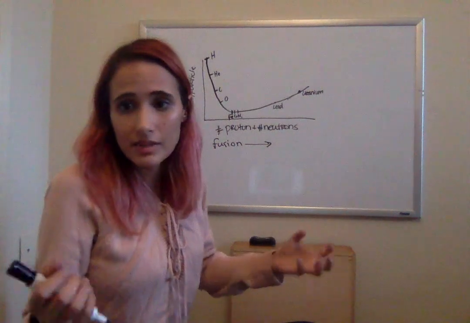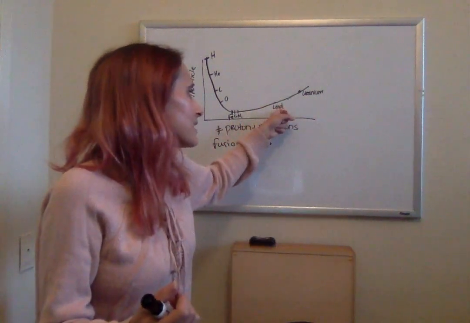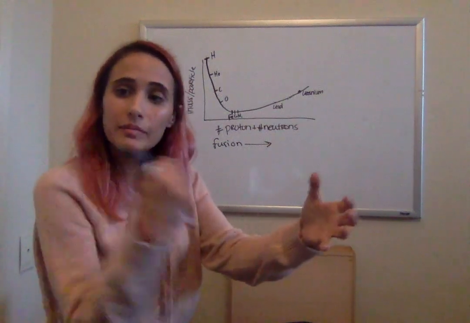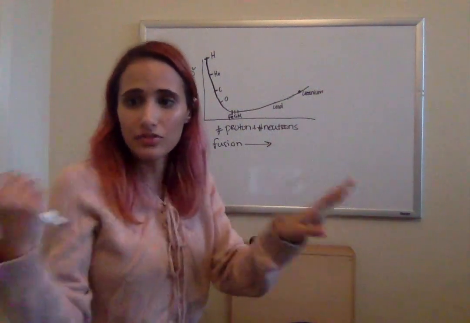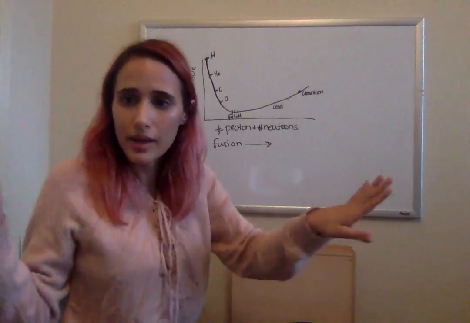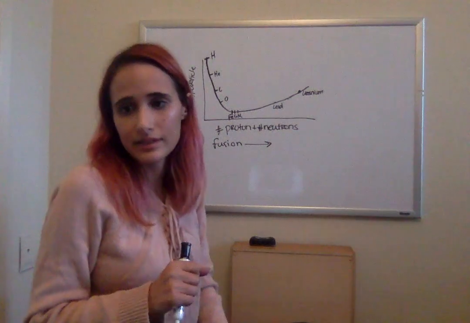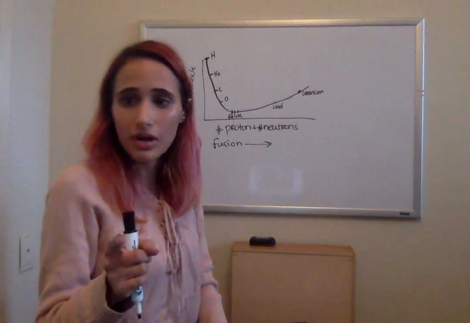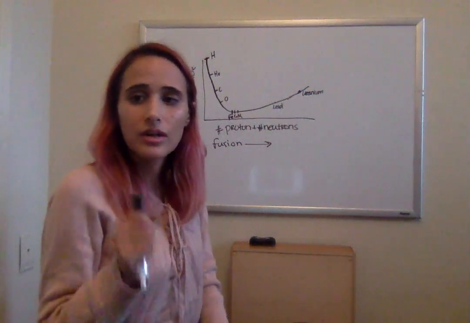Like a proton can't just get in. You can't just stick an extra proton in this nucleus. It's not going to be able to get close enough. It's being repelled by the electric force, because positive and positive are going to repel each other. So a proton can't get into this nucleus. But a neutron, which has no charge, doesn't have to deal with that electric force.